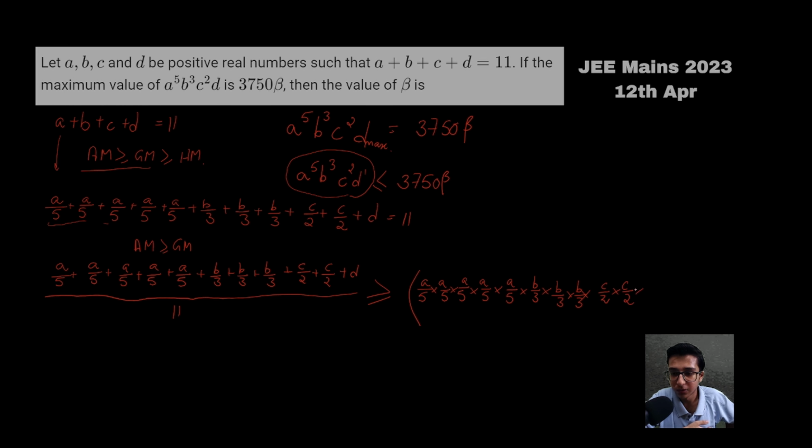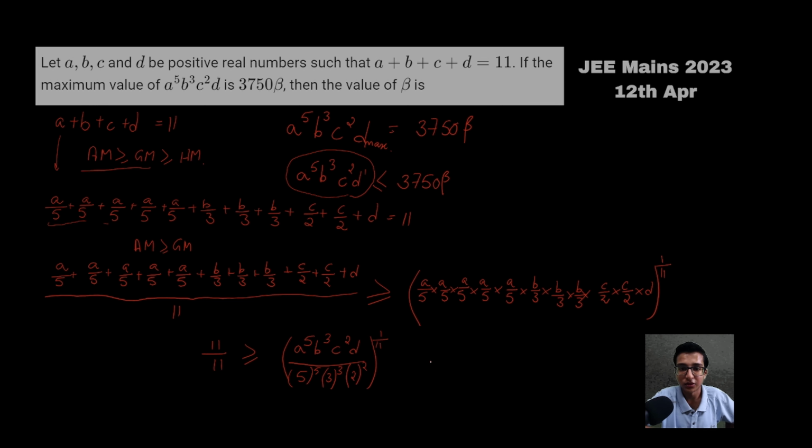So it is a by 5 to the power 5, b by 3 cube, c by 2 square into d, whole to the power 1 by 11. I hope you have understood how we've come to this inequality. And from here we know the value of the arithmetic mean expression is 11. This was given to us in the question, right? So 11 by 11 is greater than equal to a to the power 5 b cube c square into d divided by 5 to the power 5, 3 cube, 2 square, to the power 1 by 11. So this is the value that we are getting.